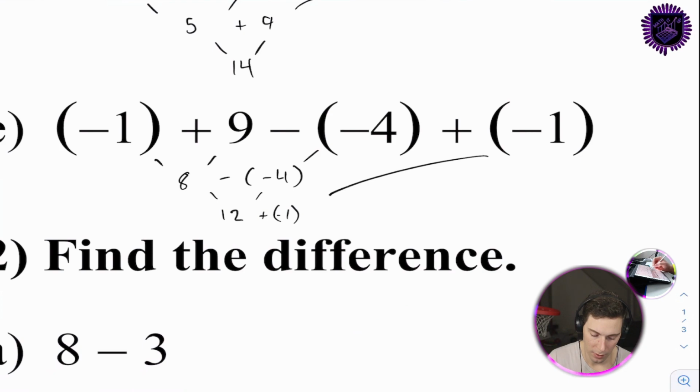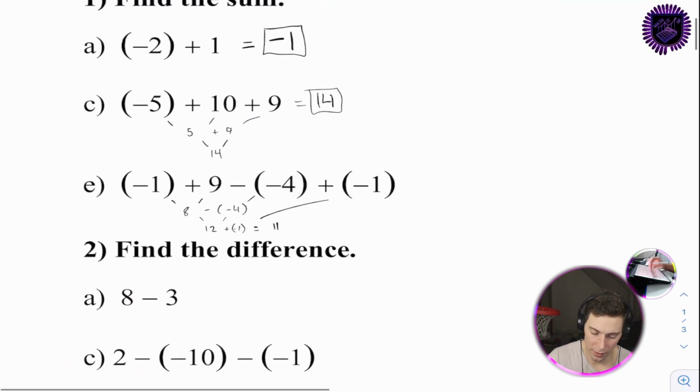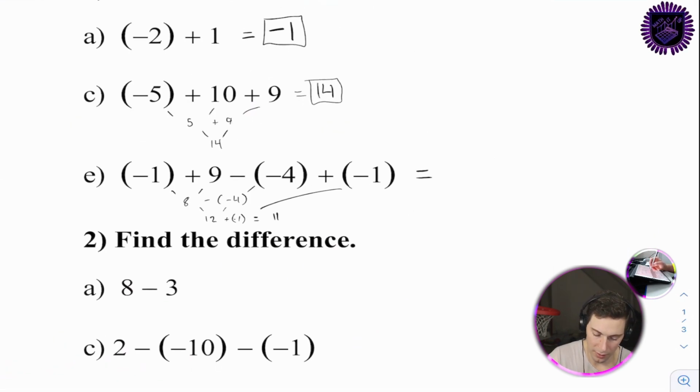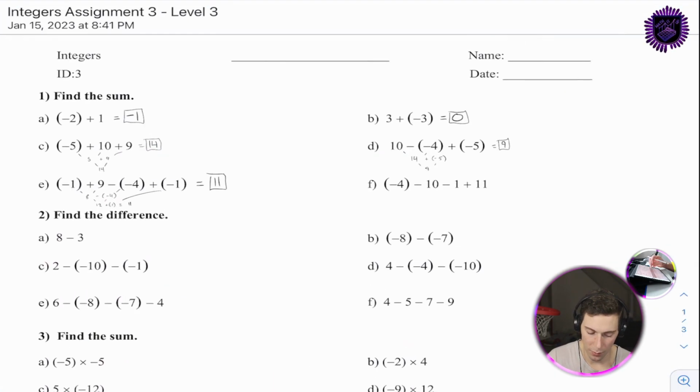Then that will equal 11, right? Adding a -1 is going to be like subtracting 1. 11, +11 is our answer.